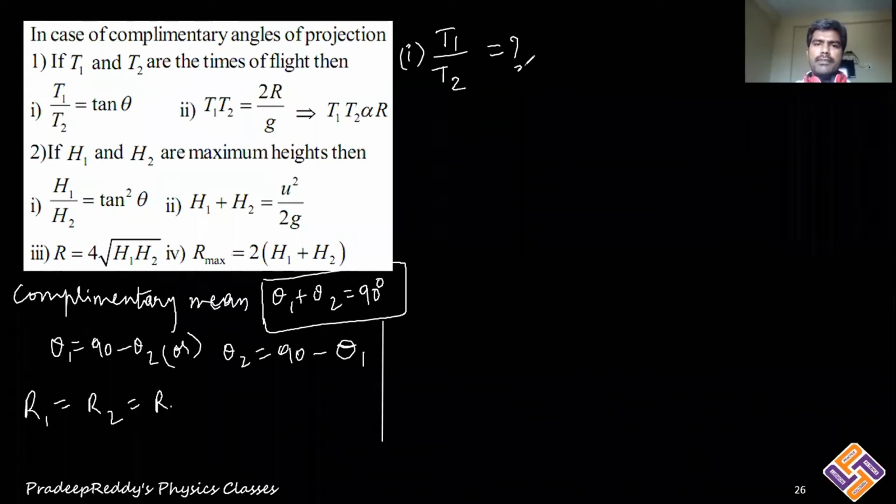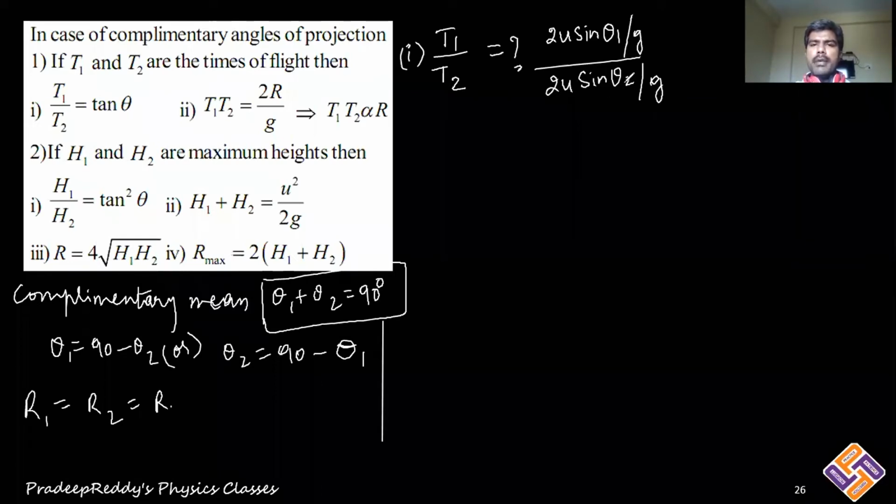What is the time of flight for the first one? T1 can be written as 2u sine theta 1 divided by g, by 2u sine theta 2 divided by g, because for T1 and T2 only the angle is different. For the first one it is theta 1, for the second one it will be theta 2.